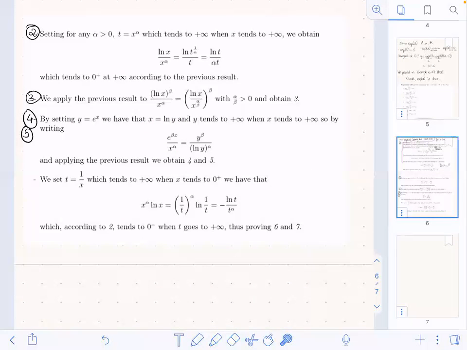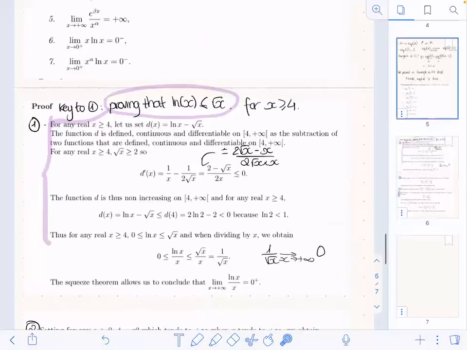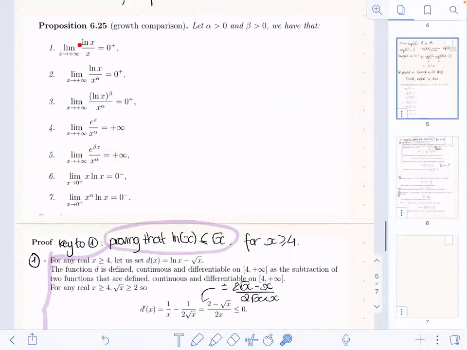So here we have a term related to y up top and logarithm of y at the bottom with different powers, and y is going to plus infinity. So we don't quite have this, but we have 1 over this.